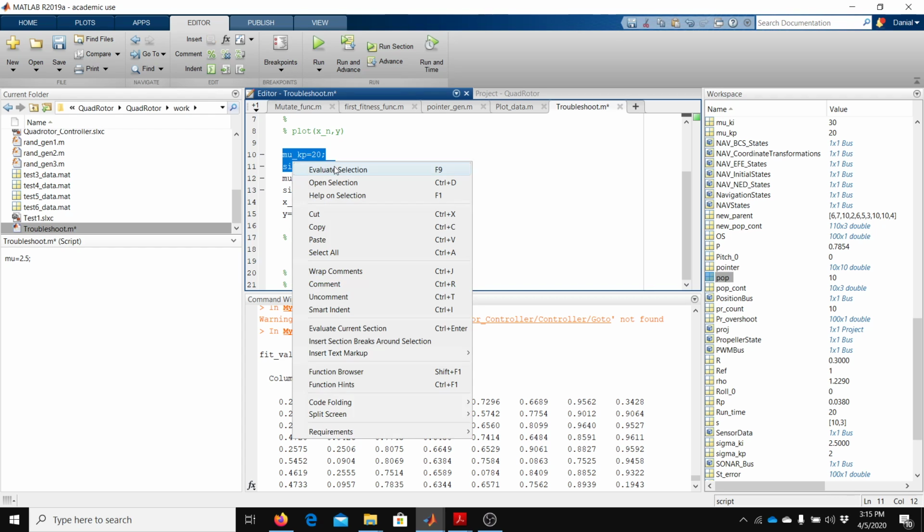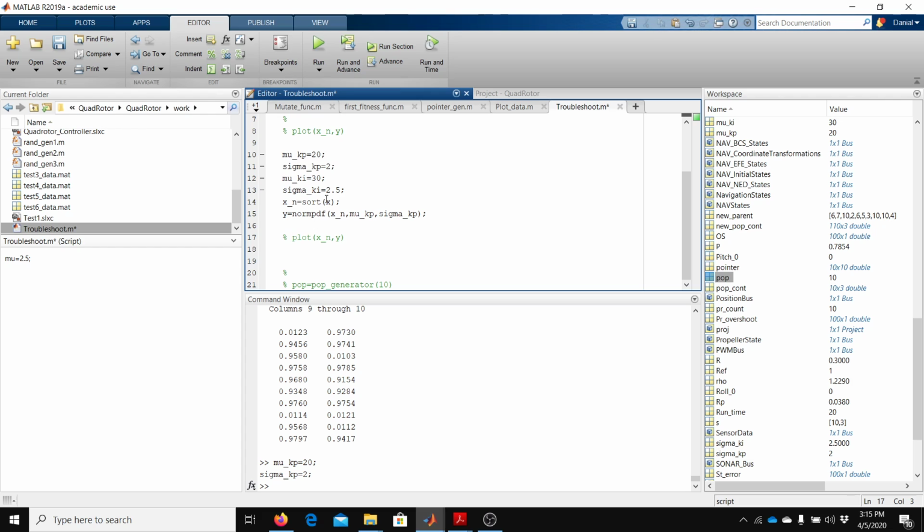So I provided these two values for kp, and hopefully it works.